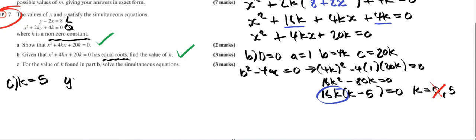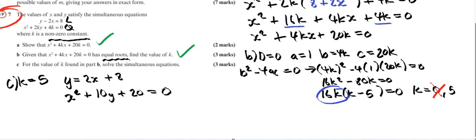So y equals 2x plus 8, and we have that x squared plus 2ky. Well, we know that 2k is 10, so that's 10y. And we had plus 4k, but again, we know what that is, so that's plus 20 equals 0.